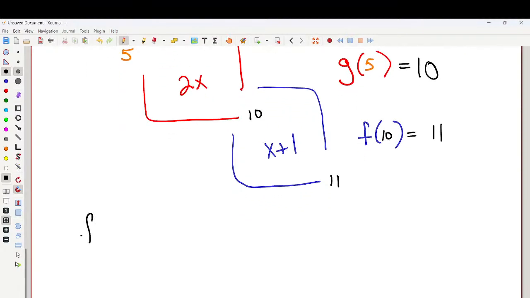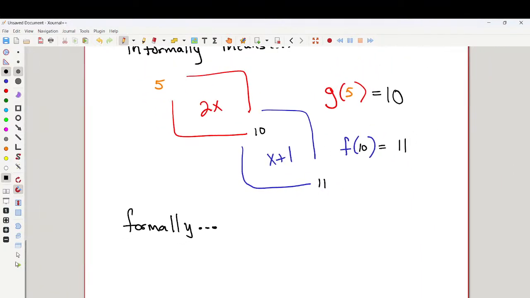All right, so more formally, what just took place there would look like this. f, and this is the operation. It's like a little open white circle.